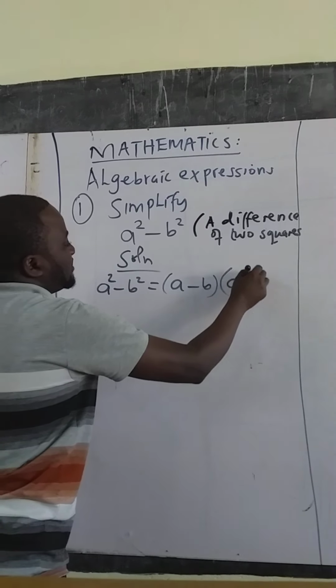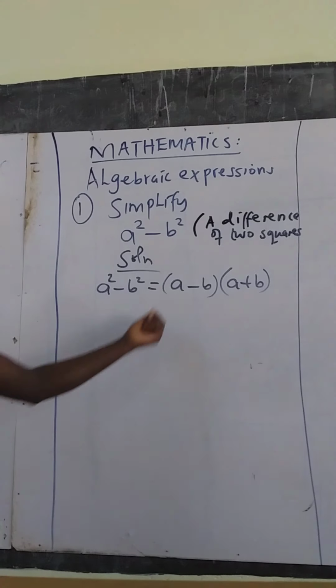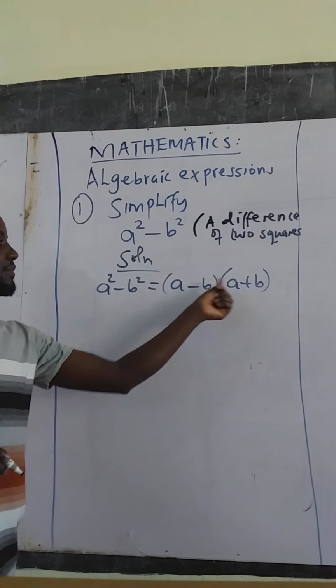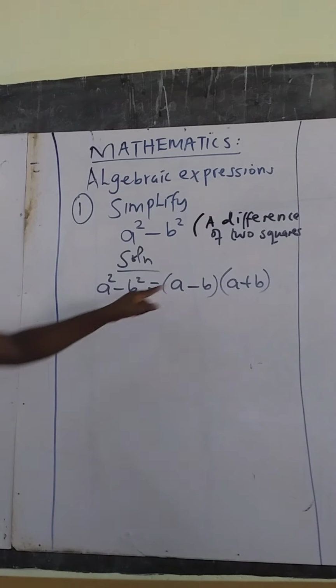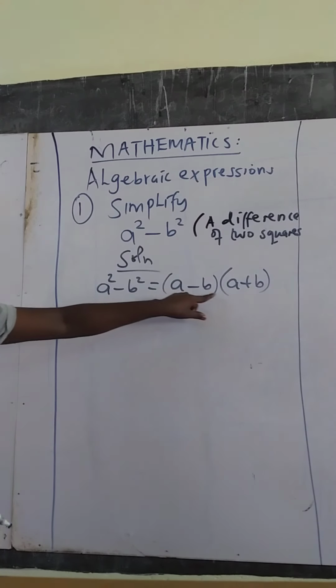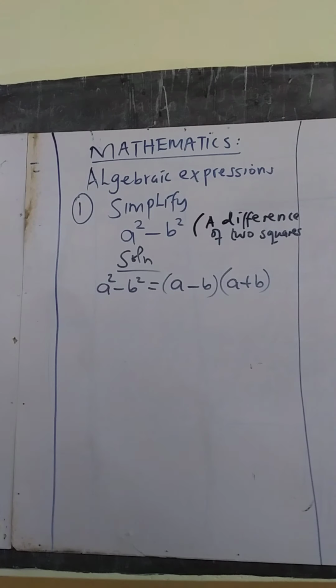This one is equivalent to this, and when you multiply them, you get a squared minus b squared as the answer.